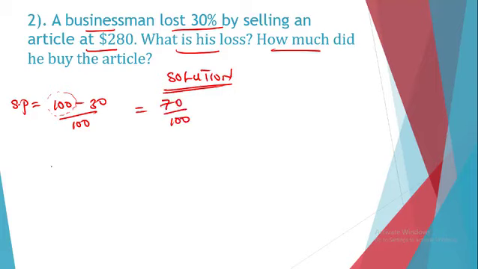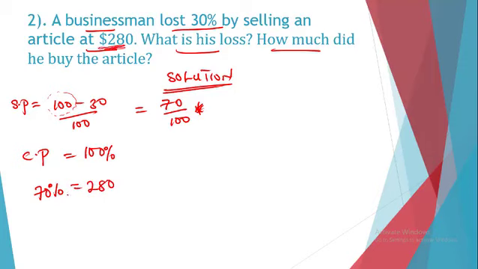Is that correct? While our cost price is 100%. So it means that 70% is then equal to 280 US dollars, this 280 dollars here in the question.